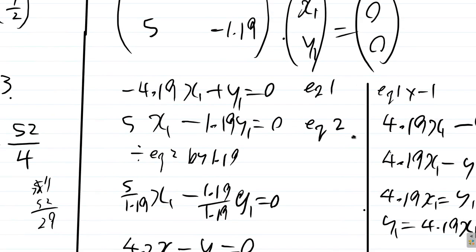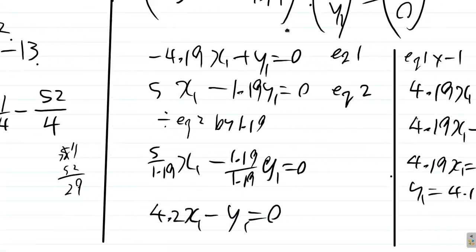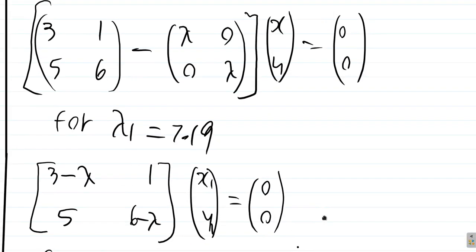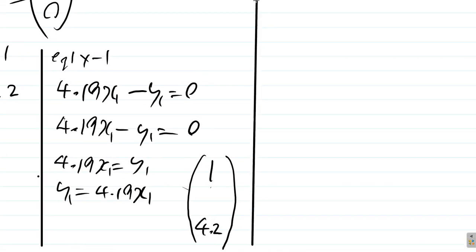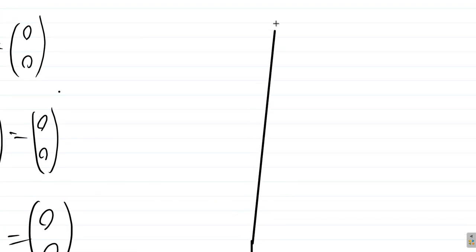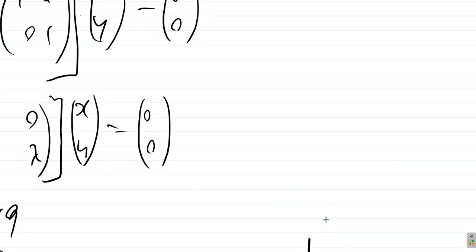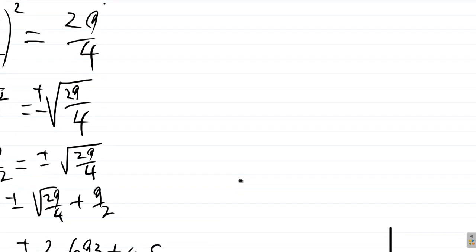So here, for lambda being 7.19, what was it again? For lambda being 7.19, let's draw a line upwards from here and continue working, because we can't scroll down anymore. What else is going on here?